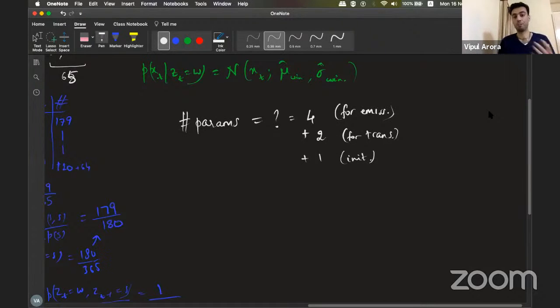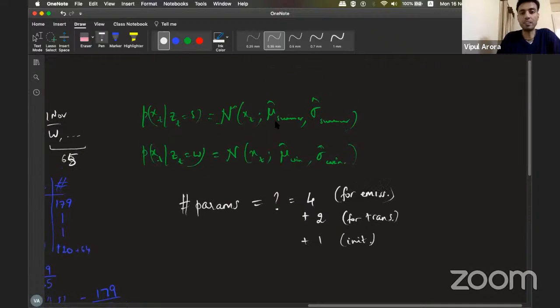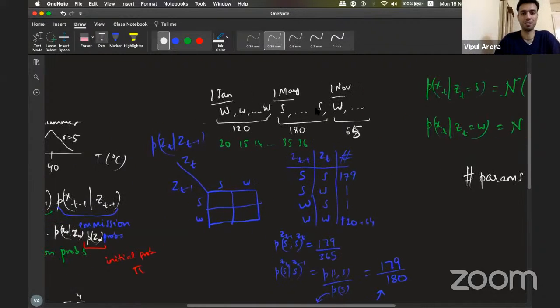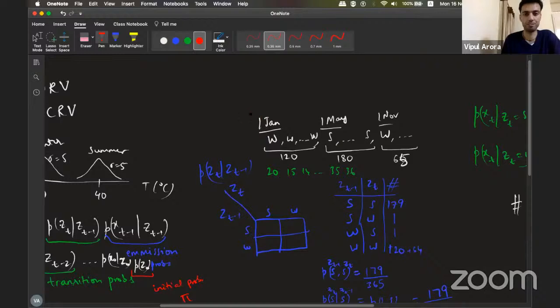Okay, so now the question is, this was easy because we know the entire time series data. We know the observations, and we also know the hidden states. So this was the first problem: we know xt comma zt for all t.